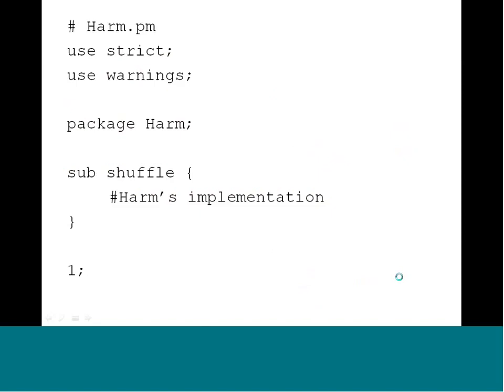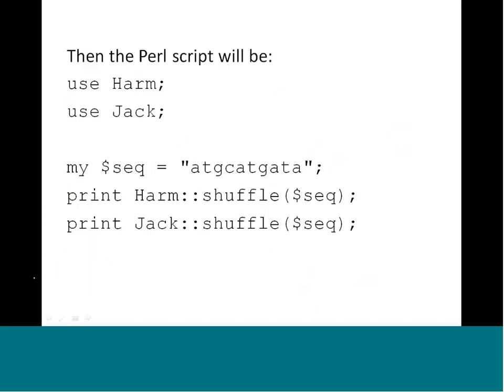So here let's see how we do it. The harm.pm itself, the way that we'll write it is we use the same use strict and use warnings. We call it package Harm, and then we write the shuffle. And you can see that the one semicolon is there. Now in the Perl script, the way that we can do it is use Harm and use Jack.